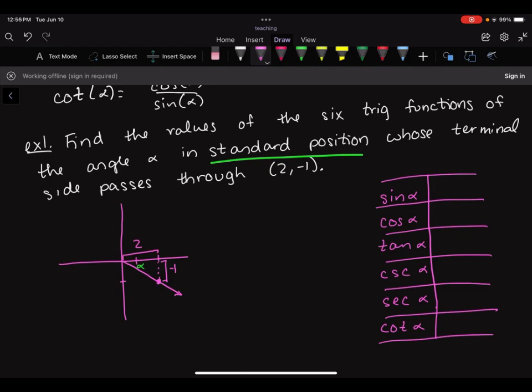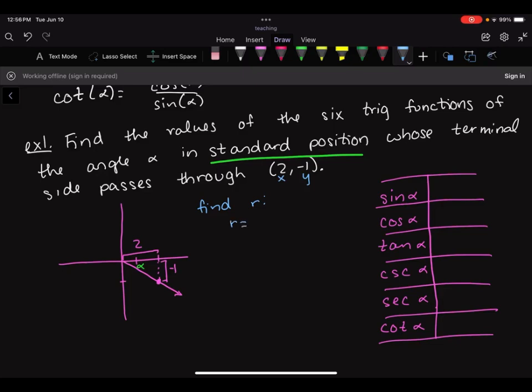Now for a lot of these, I'm going to need a little bit more than just the x distance and the y distance. I'm also going to need the hypotenuse, or you can call it r. So I'm going to go ahead and get that next. I'm going to find r, because I know that this is x, I know that this is y.